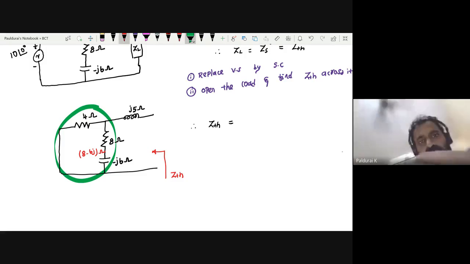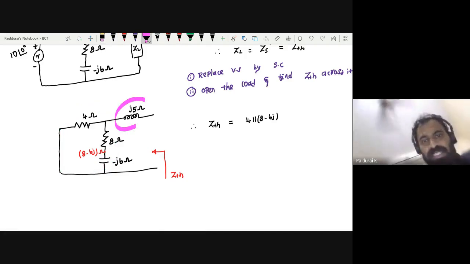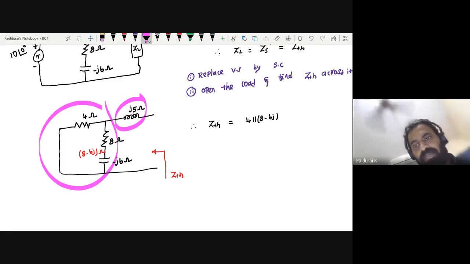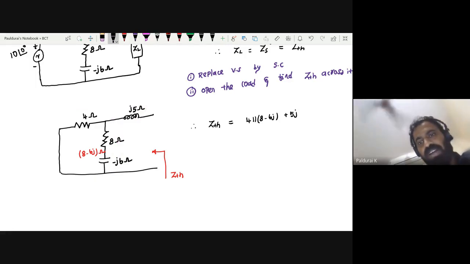So can I write 4 in parallel with 8 minus j6? After that I have this j5. How is it connected? Series. Yes, very good. So can I write plus j5? So this is my ZTH.